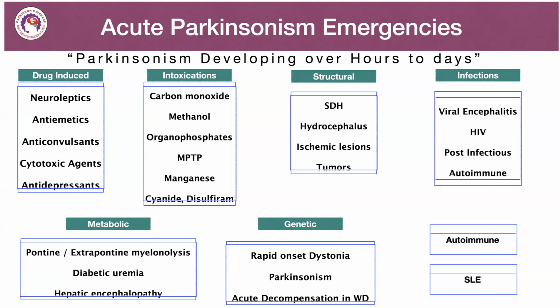In some circumstances it can be genetic, such as rapid onset dystonia-parkinsonism, or acute decompensation in Wilson disease. Other causes include autoimmune disorders or vasculitic phenomena, which we should remember for any patient who comes in. It's very important to recognize acute Parkinsonian emergencies as most of them have treatable causes, and early diagnosis and early treatment make a significant difference to the overall outcome of these patients.